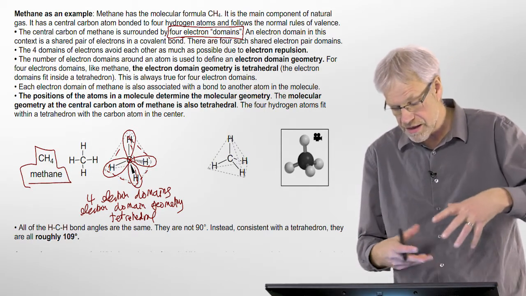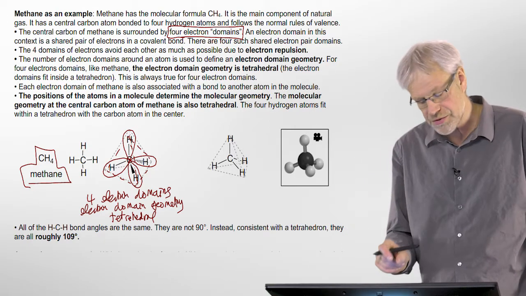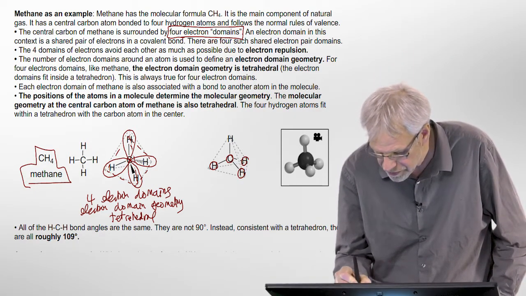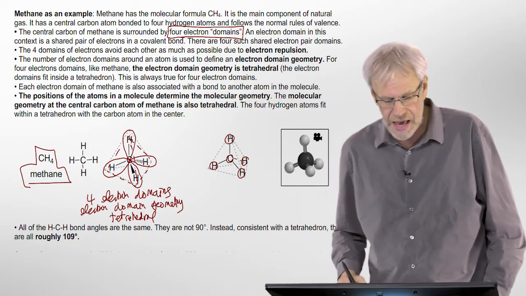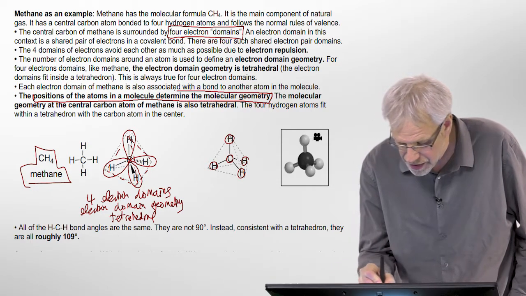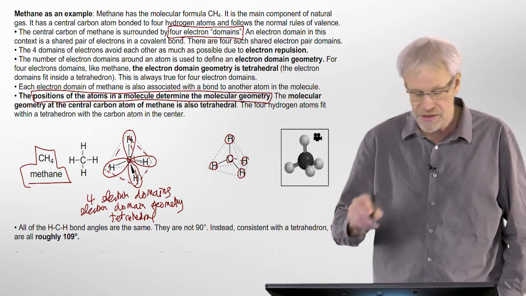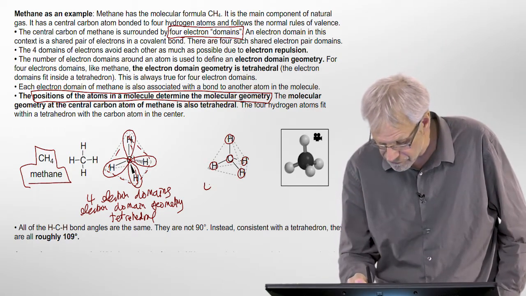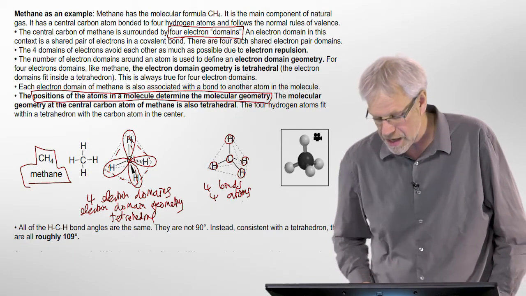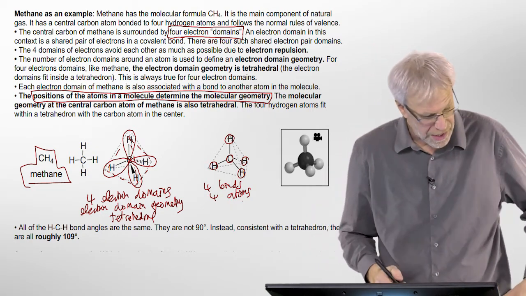They fill a tetrahedron. Each of these electron domains is associated with another atom, a hydrogen atom, the central carbon atom, and so on. And remember, we decided that it's the positions of the atoms in the molecule that determine the molecular geometry. The geometry of the molecule is determined by the positions of the atoms. Because we have 4 atoms at the end of these 4 electron domains, we have 4 bonds, we have 4 additional atoms, and because the electron domain geometry is tetrahedral, the positions of these atoms are also tetrahedral.